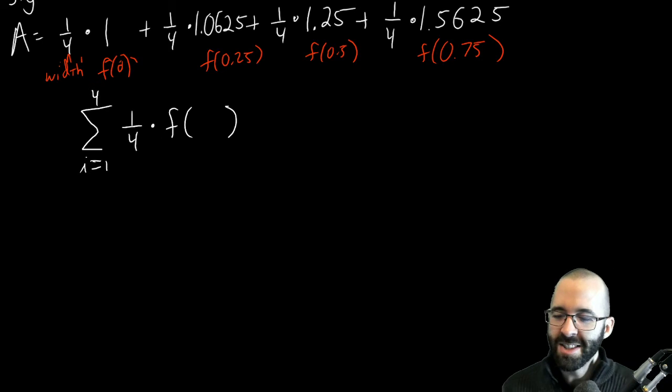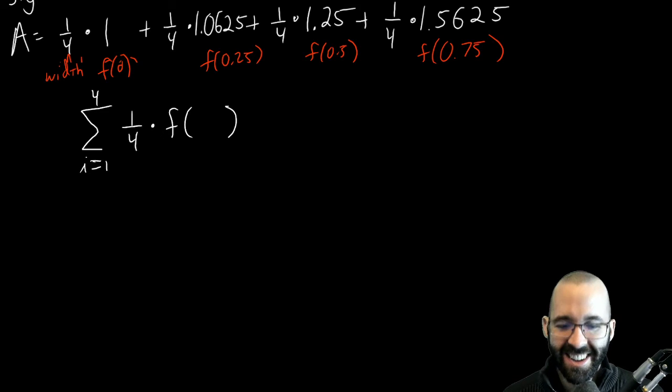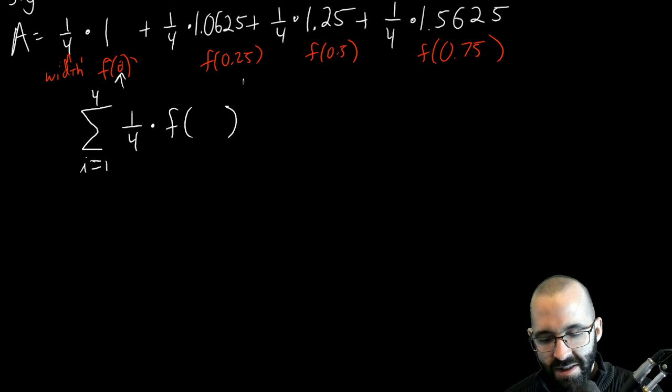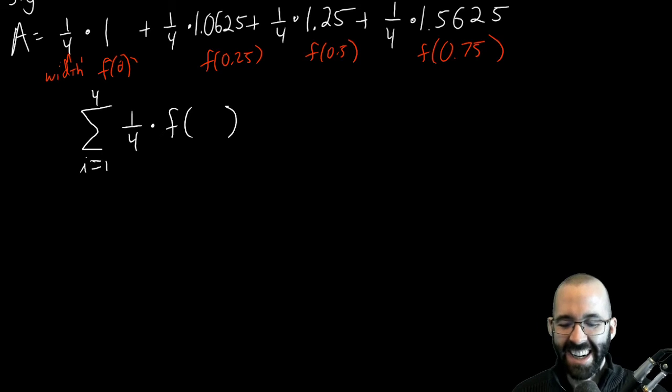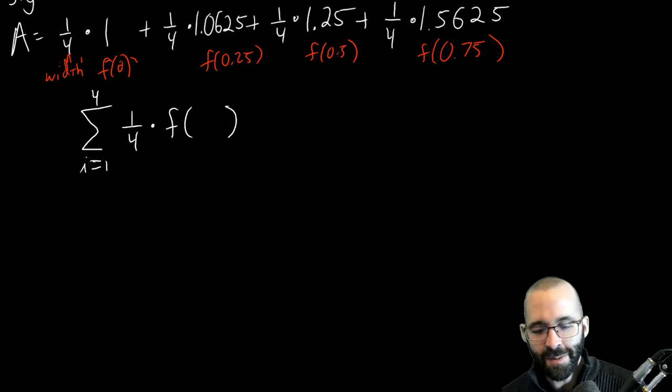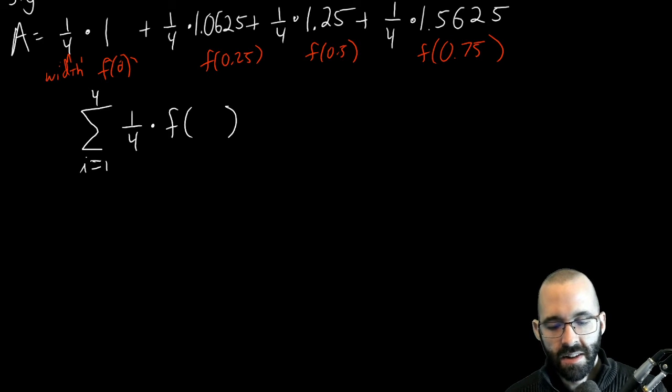I promised some squirrels, and this is where the squirreliness starts happening. All right. How do we put this stuff inside? And that's not something we've really introduced yet. So let's look at the relationship between these. 0, 0.25, 0.5, 0.75. In the meantime, let's just write this as an x sub i.